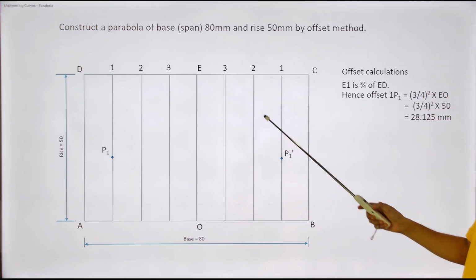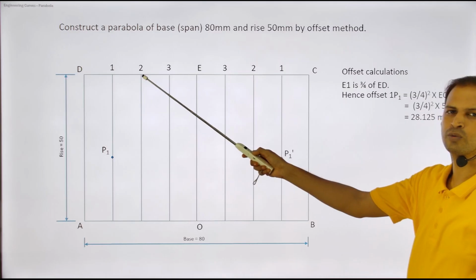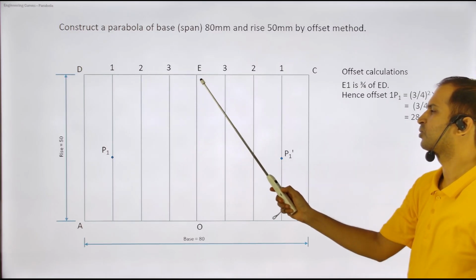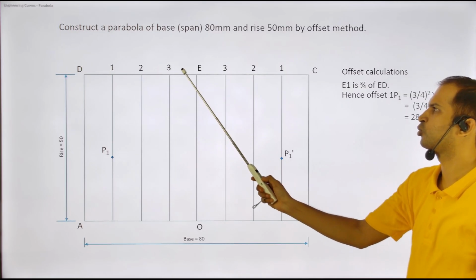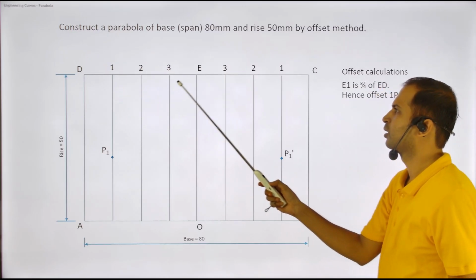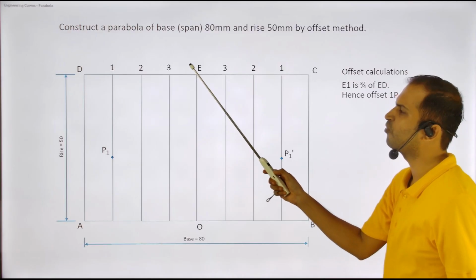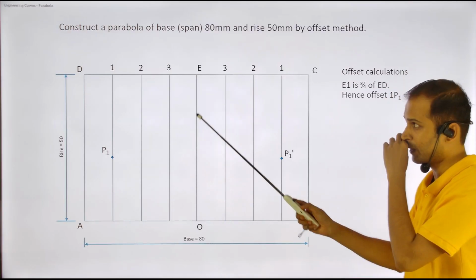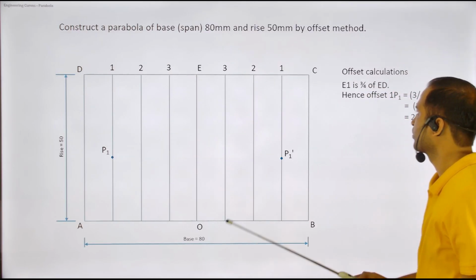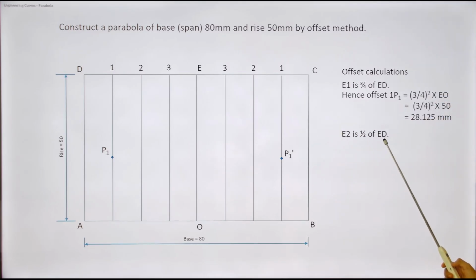Now I'm going to take partition 2. What is point 2? This point is half of this whole total length, right? So E2 is half of ED.